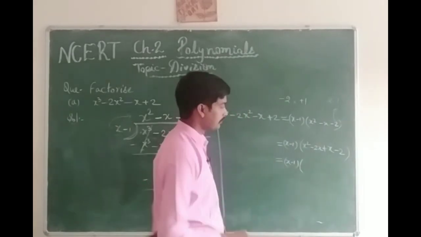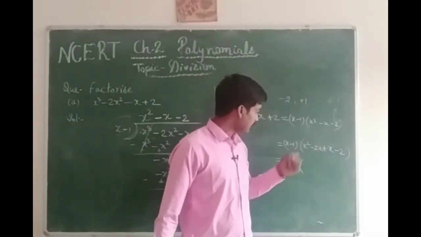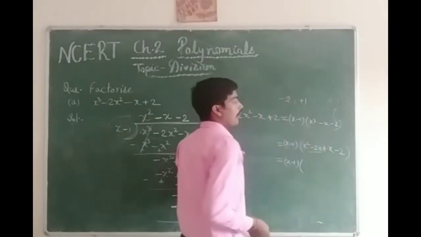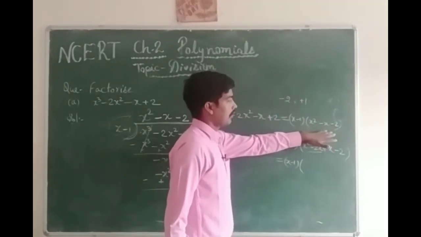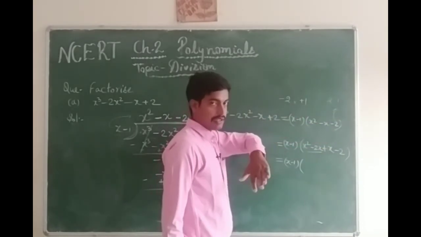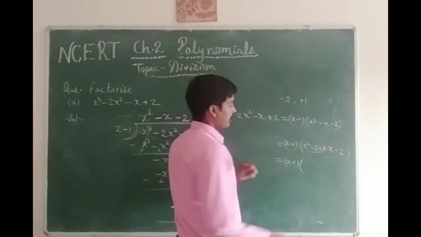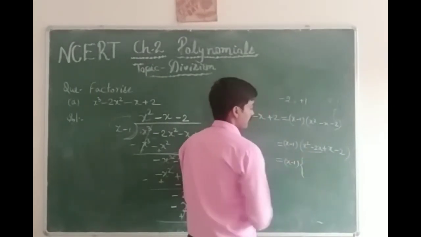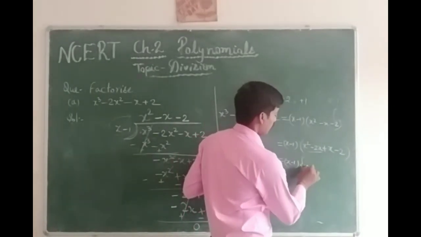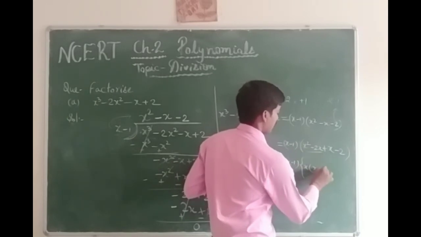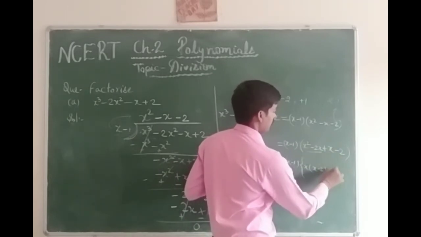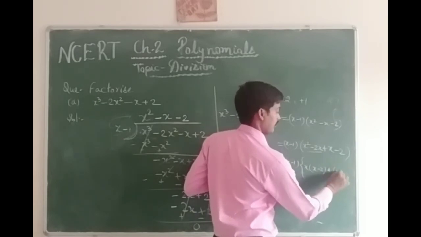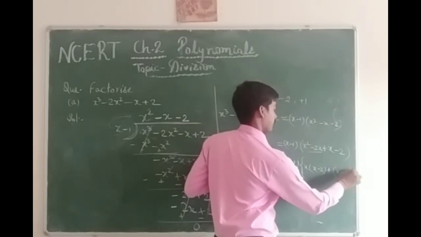Now this is x square. Okay, take the common. What we do in quadratic to factorize is we take common. So I'm going to create this one like that. Take the common x. So this is x minus 2, and when we take common plus, it becomes x minus 2.